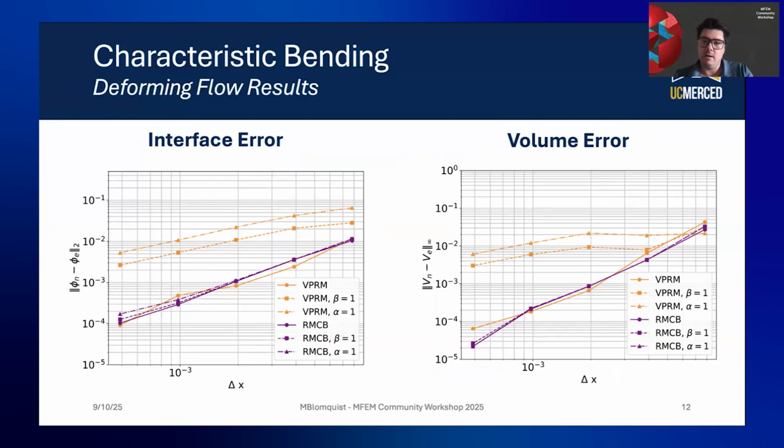But when you start adding artificial compressibility to your field, the volume preserving reference map doesn't do as well. You drop down to first order, whereas our characteristic bending augmented scheme gives nearly identical results. This is the same for the volume error. You add in this artificial compressibility, the traditional volume preserving way to do this doesn't work, but our augmented characteristic bending scheme successfully filters out these compressible modes.